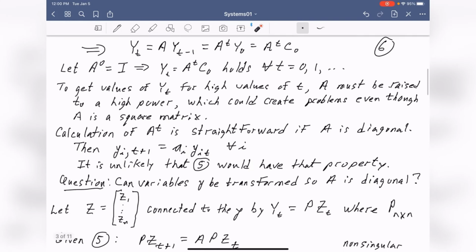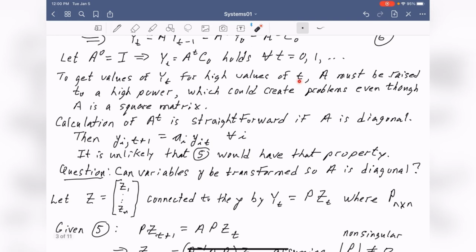To get values of Y(t) for high values of t, A must be raised to a high power, which could create problems even though A is a square matrix. For example, when we talk about stochastic dynamic programming, we have a matrix where all the elements are less than 1 and greater than 0 because they're probabilities. If we multiply that matrix over and over by itself, it'll deteriorate to 0. You can think about that on your own.